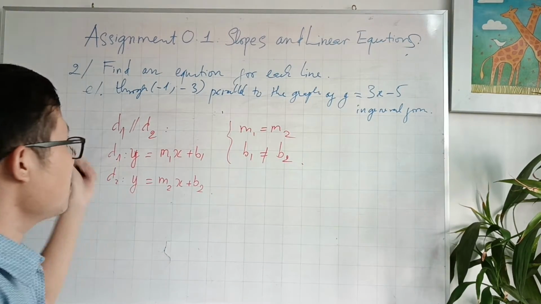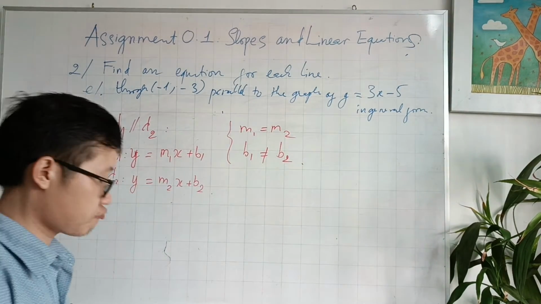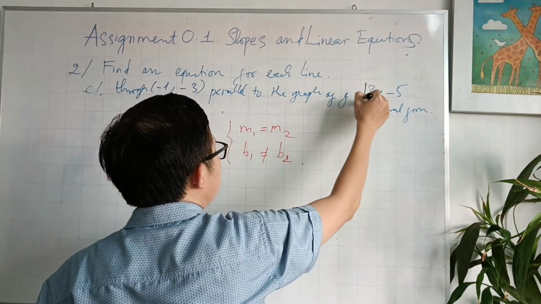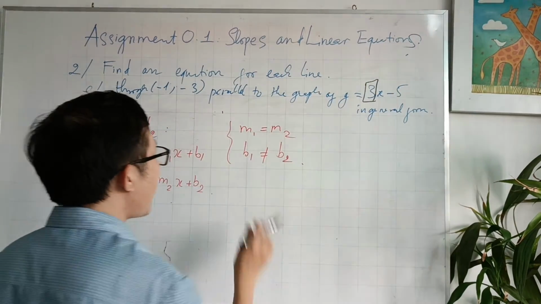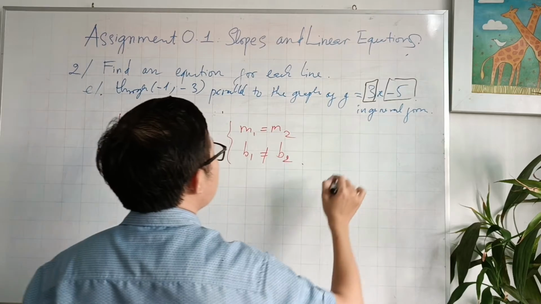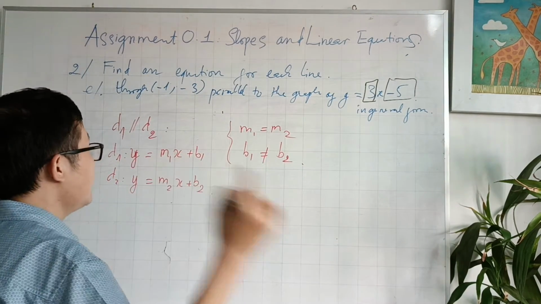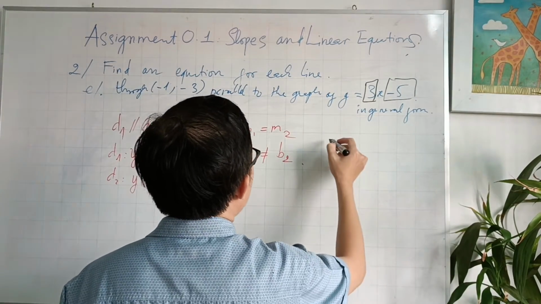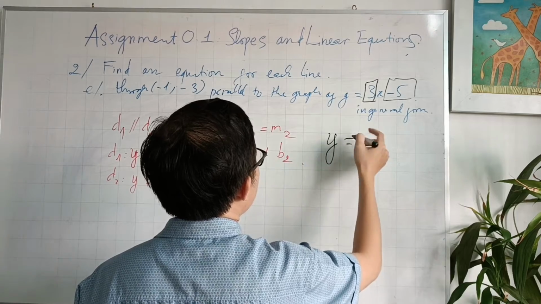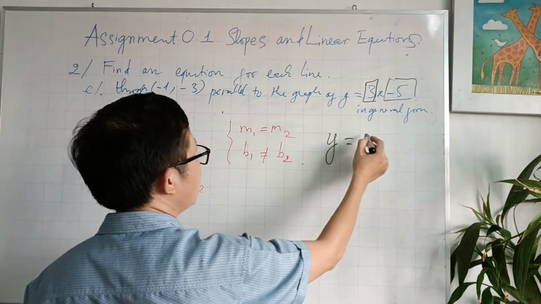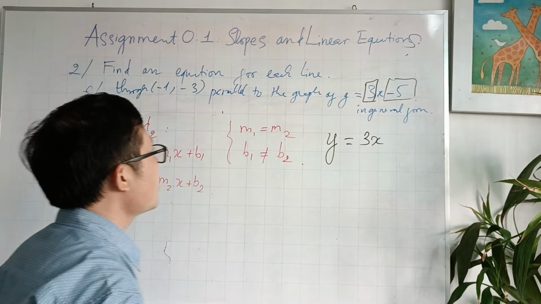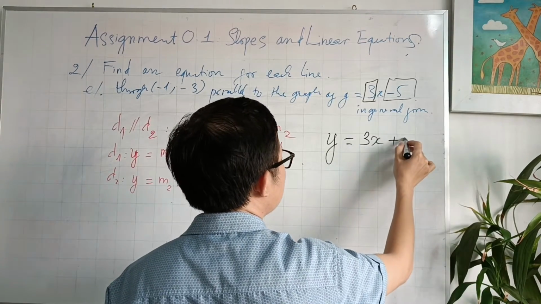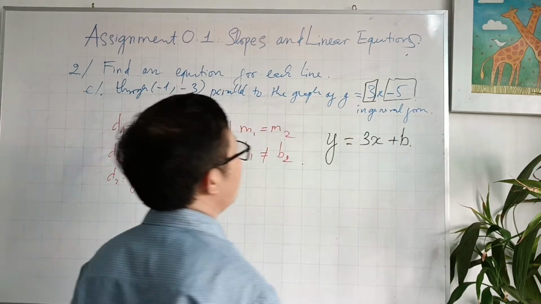So we apply this theorem to solve question E. We have m1 is 3 and b1 is -5. So the linear equation the question requires us to write is y equals, m1 equals m2, so this is 3x, and b1 is not equal to b2, so we plus b here.